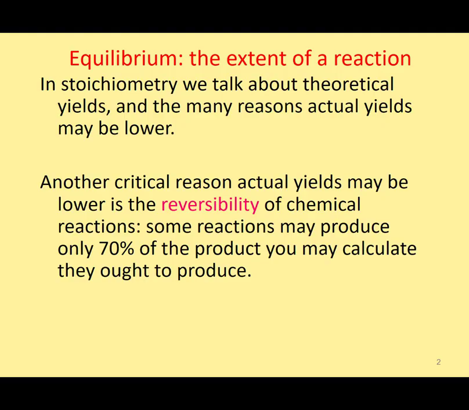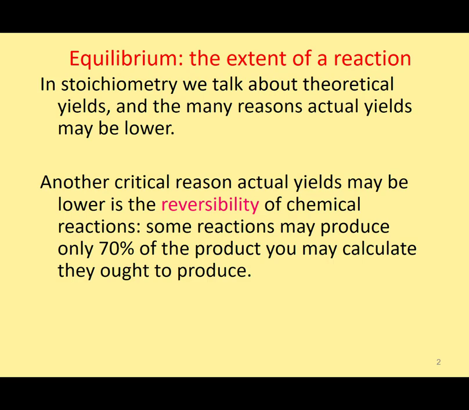Equilibrium is the extent of a reaction, or how the reaction proceeds. And in stoichiometry, when we look at how many grams and how many moles we have, we talk about the theoretical yields. And there are many reasons why the actual yields can be lower. Some of it has to do with poor lab technique or poor measurement. But there is another critical reason why the yield is less, and that is because some reactions have a reversibility, so the products can form reactants, and in this case that will affect the actual yield.